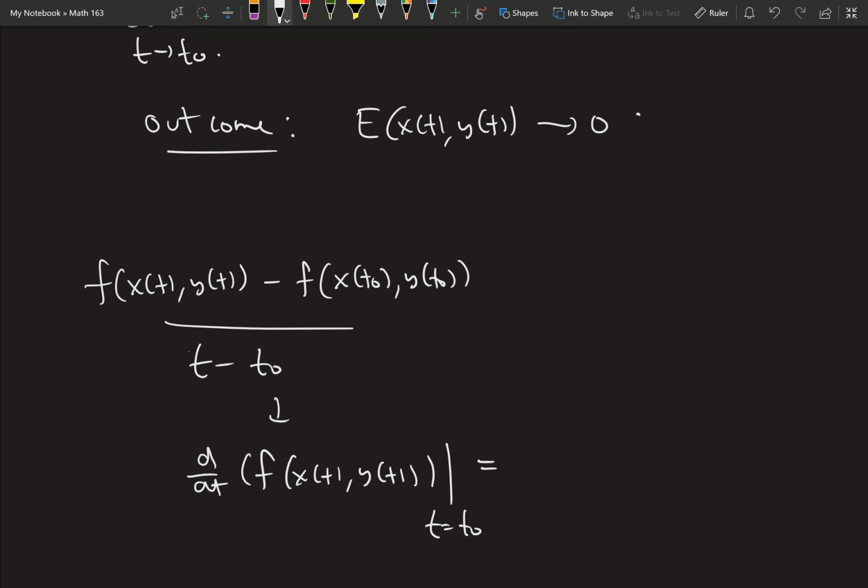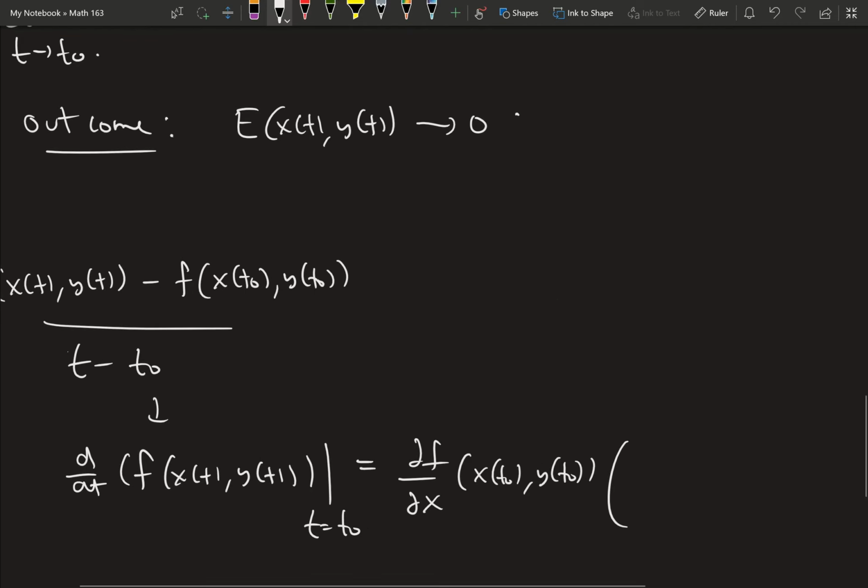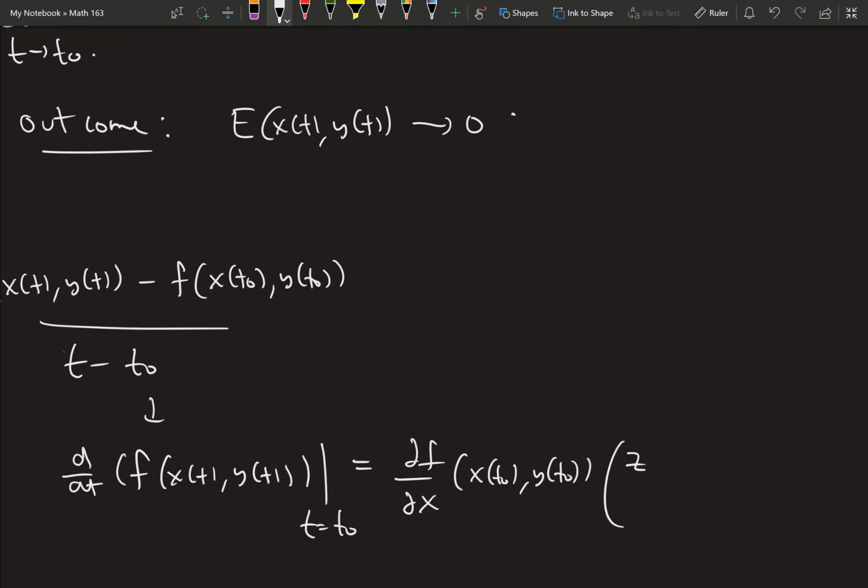And this is equal to, the first term you end up with is your del f del x at x of t naught, y of t naught. And here, we divide everything, we'll end up with x of t minus x of t naught over t minus t naught.